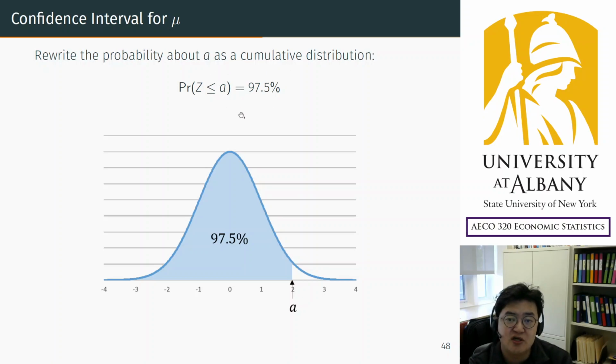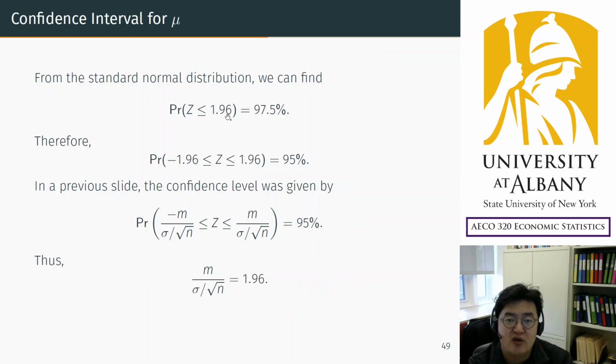Using this relationship, you find that a is approximately 1.96. That implies, and this is our destination, that 95% is in between plus and minus 1.96.